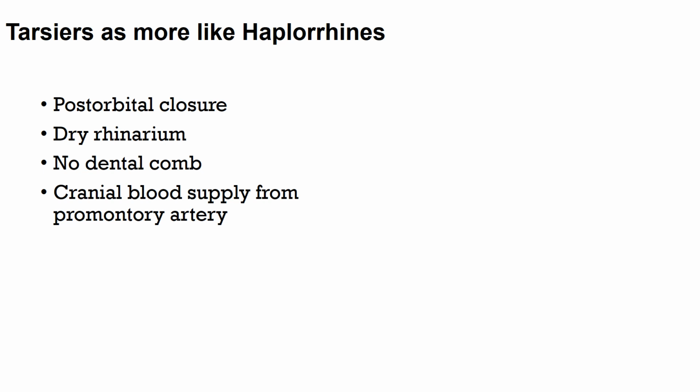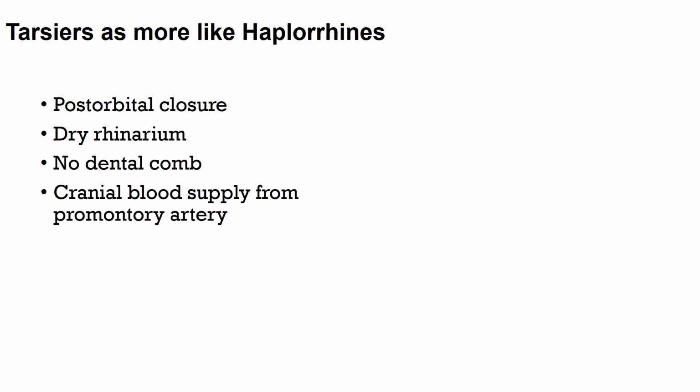At the same time, tarsiers are also more like haplorhines. They have post-orbital closure. I didn't mention that, but you should have noticed it from the slides. The cranium has a plate that goes behind the eye. So if you try to poke a tarsier in its ginormous eye, you wouldn't be able to get your finger straight through because it has that post-orbital closure. They have a dry rhinarium, you might have seen in the pictures.